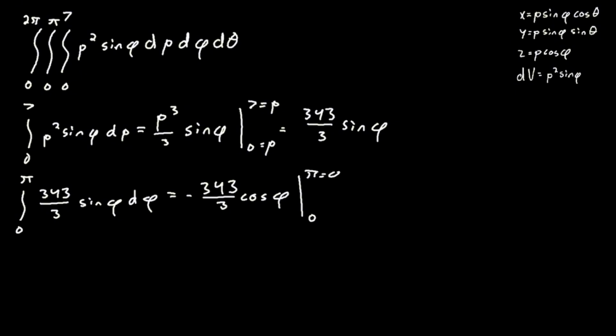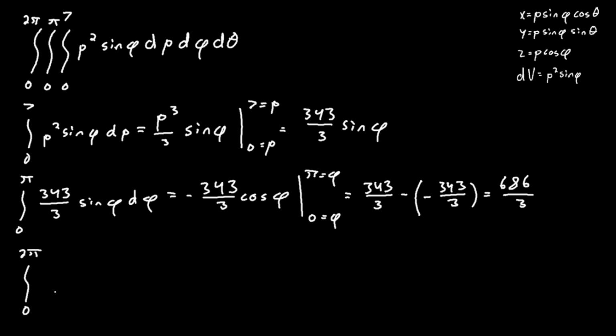We set up our bounds. If we plug in pi, you get negative 1 for your cosine. So negative 1 times negative 343 over 3 is just 343 over 3. If we plug in 0, you get 1, so we subtract 343 over 3, which gives us 686 over 3. And lastly, we're integrating this over theta.